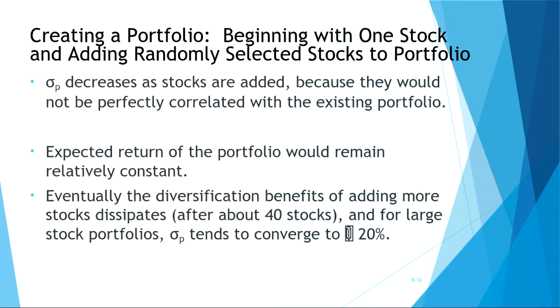Okay, diversification is something good. But what's the limit? Up to 40 stocks, you can decrease your risk, but after approximately 40 stocks, the effects will be limited, right?